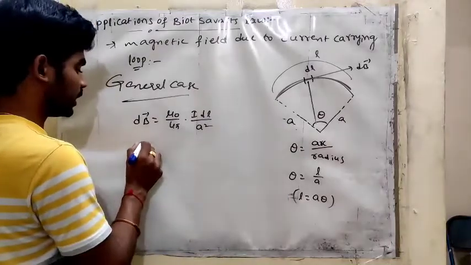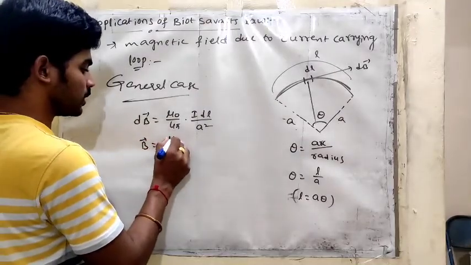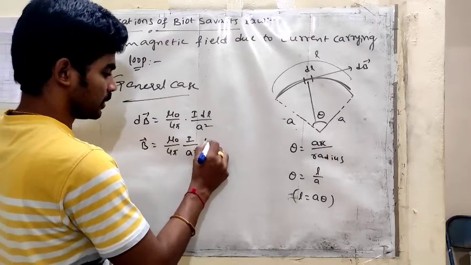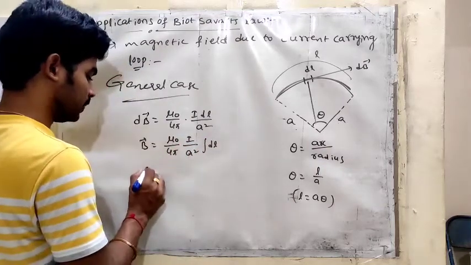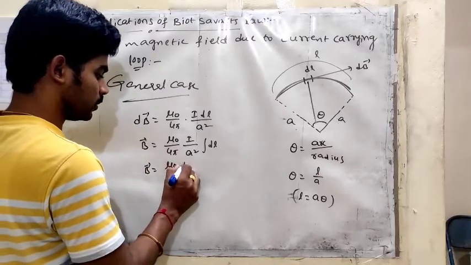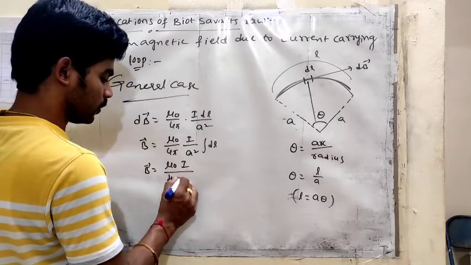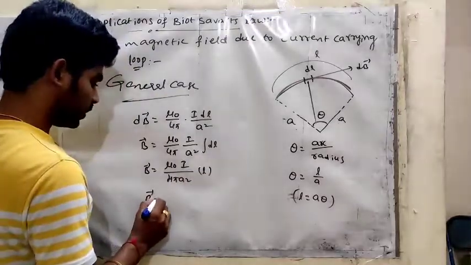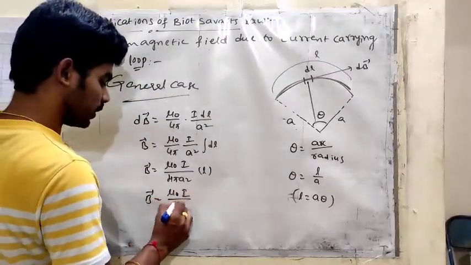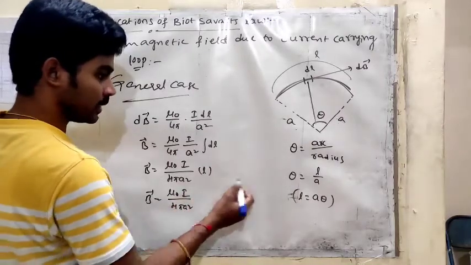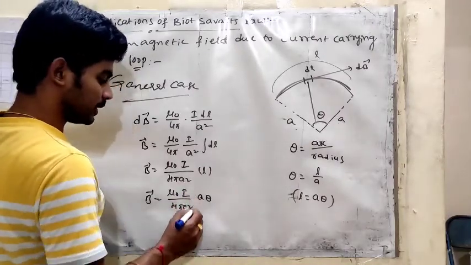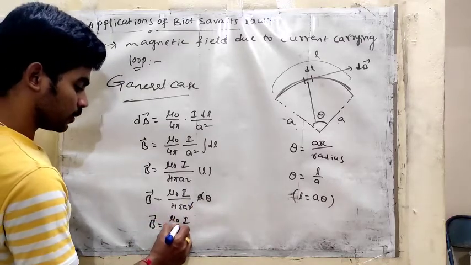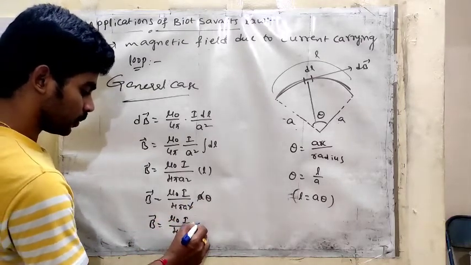I need the net magnetic field. Integrating on both sides, B bar is mu naught I by 4 pi a square integral dl, which means L. L is equal to a theta, a gets cancelled. So in the general case B bar is equal to mu naught I by 4 pi a into theta.